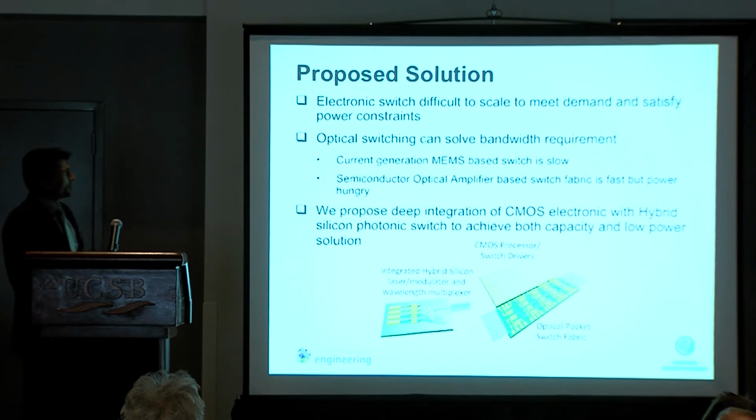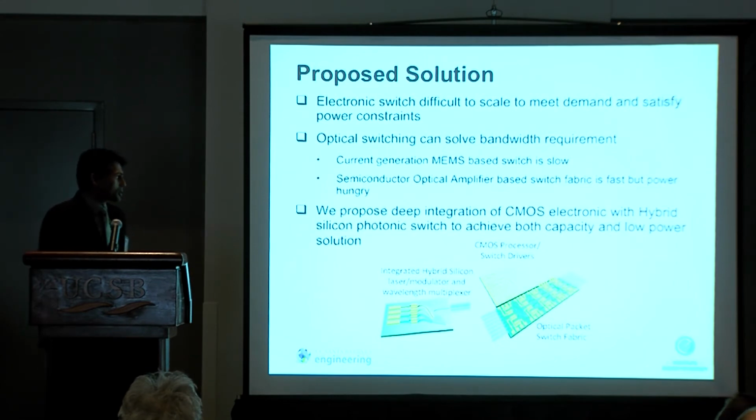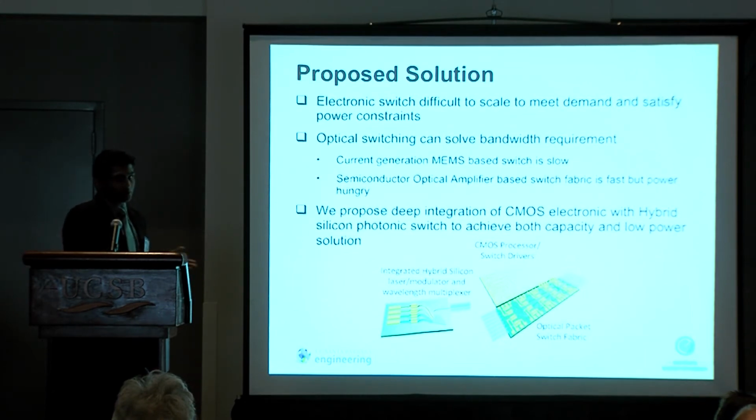So what we've been trying to do is see if we can integrate electronics and photonics and use optical switching to solve this bandwidth issue. The current generation, which is MEMS-based, is a little bit slow, so you need something faster. If you use an SOA, or semiconductor optical amplifier, as the basis of your switch fabric, it also dissipates power because it's being actively driven. It's fast, but it wastes power.